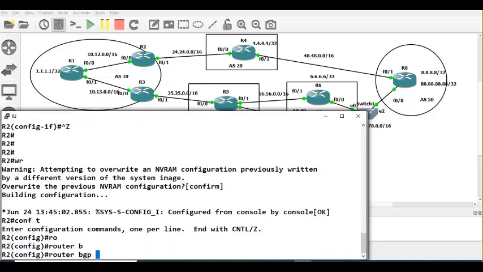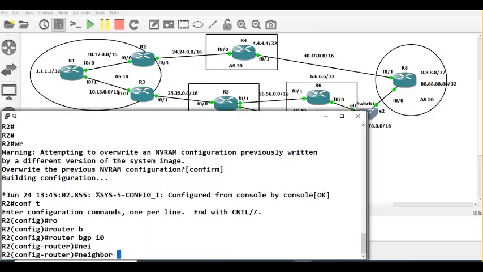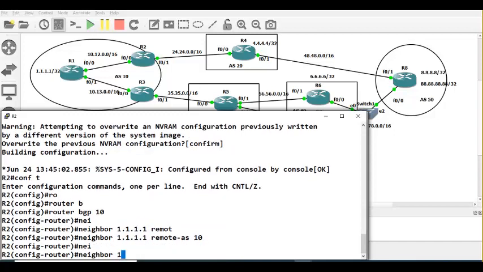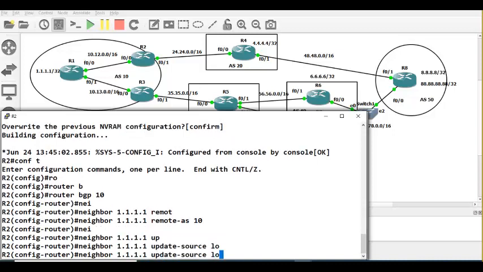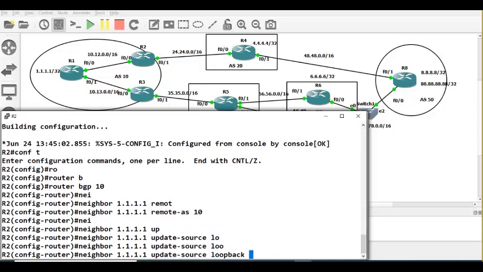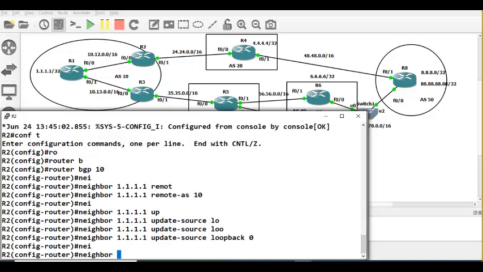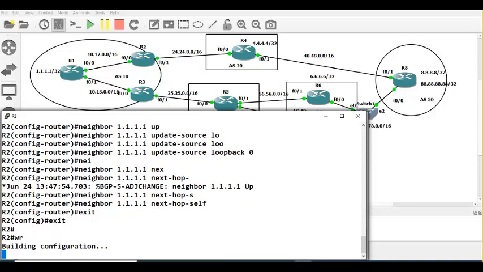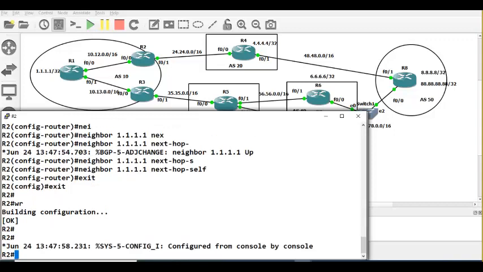Router BGP 10 neighbor. I have to say next-hop-self. Right, likewise, I'll go to router 3.